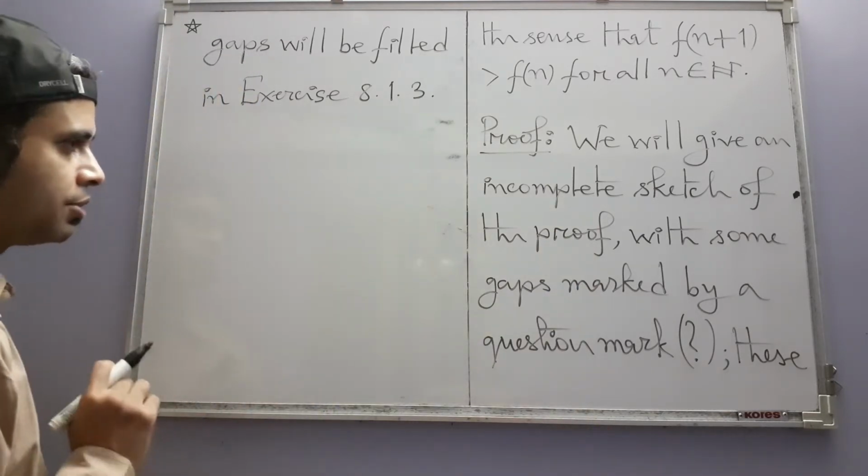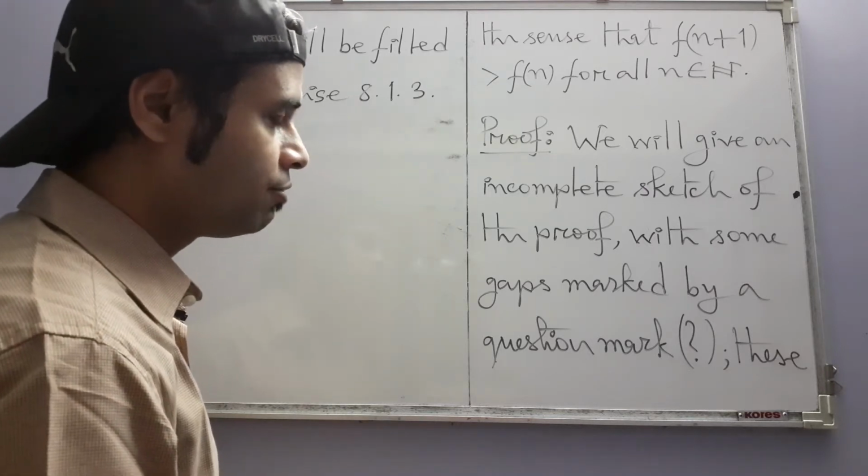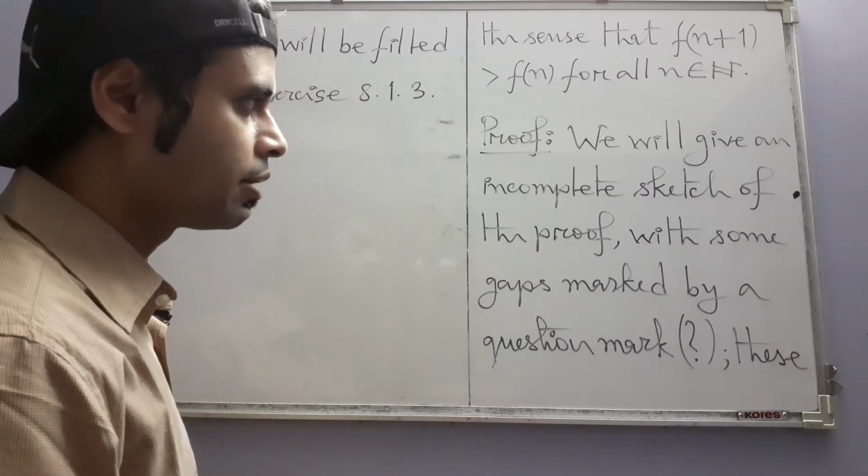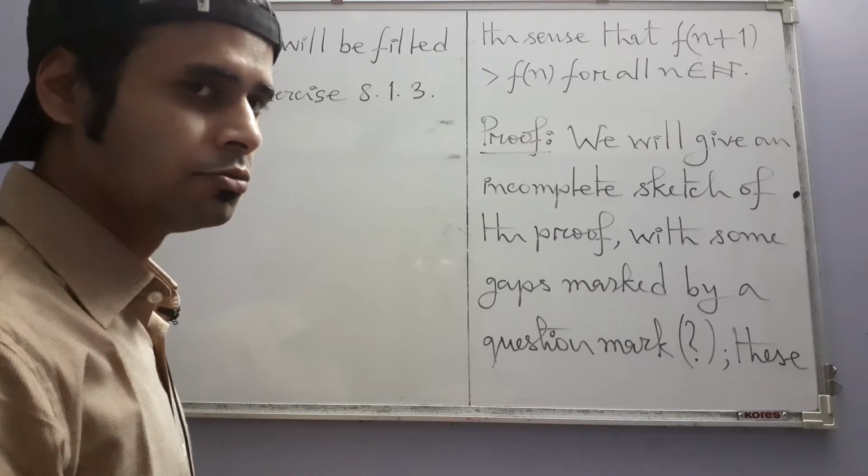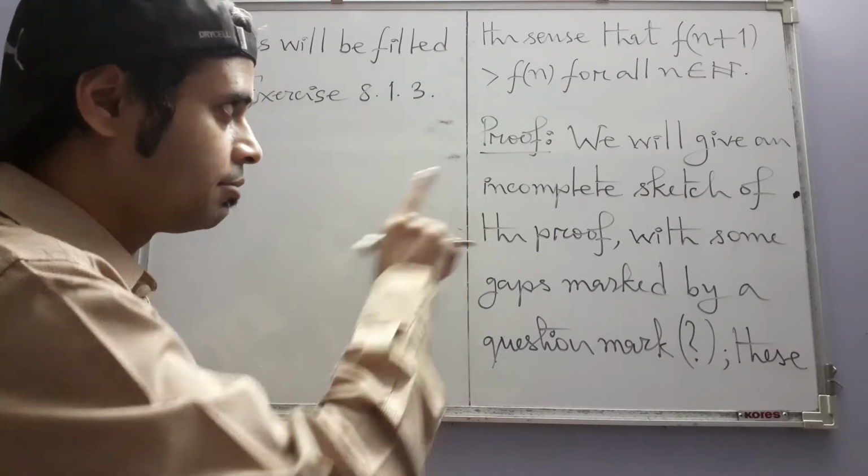In the beginning, what we do, we are going to define a sequence of natural numbers recursively, which will help us define that bijection f.